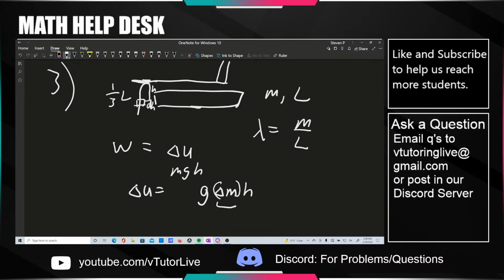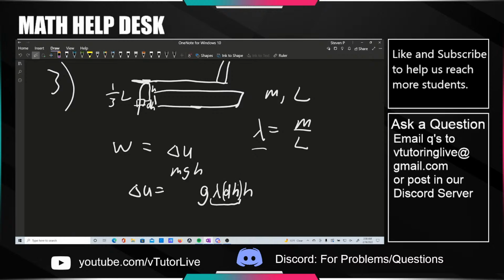But delta m can be rewritten using the linear density as lambda times delta h. This means the line density times a very, very small infinitesimal segment of it, and in the notation of calculus, we just write this as dh.